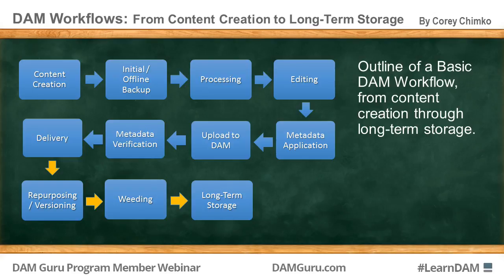So basically taking them and using them for purposes that they were not originally intended for, which is a great way to add value to your system and ROI. We'll talk a little bit about weeding, which is a topic that doesn't get nearly enough press as well. It's always important to keep your system fresh and have an asset lifecycle, so we'll talk about that a little bit. And then finally, what we do with our older assets, what we do for long-term storage.